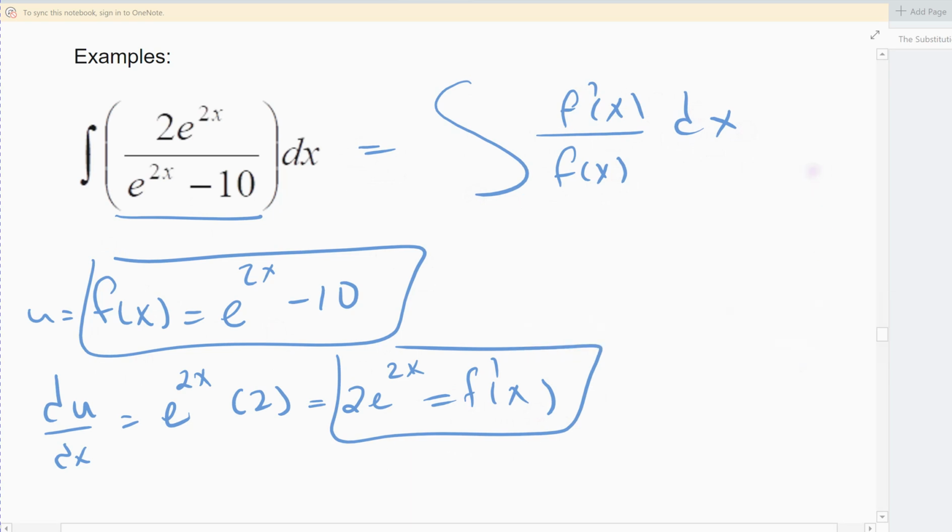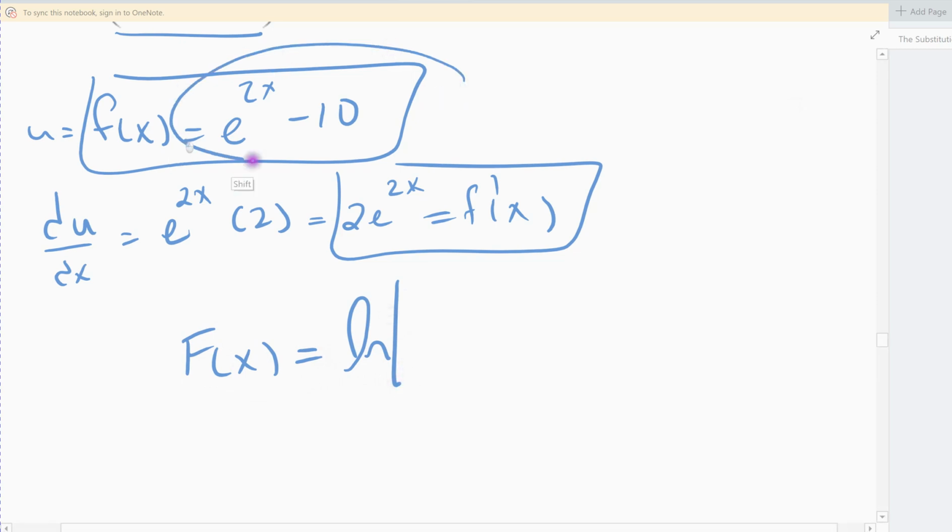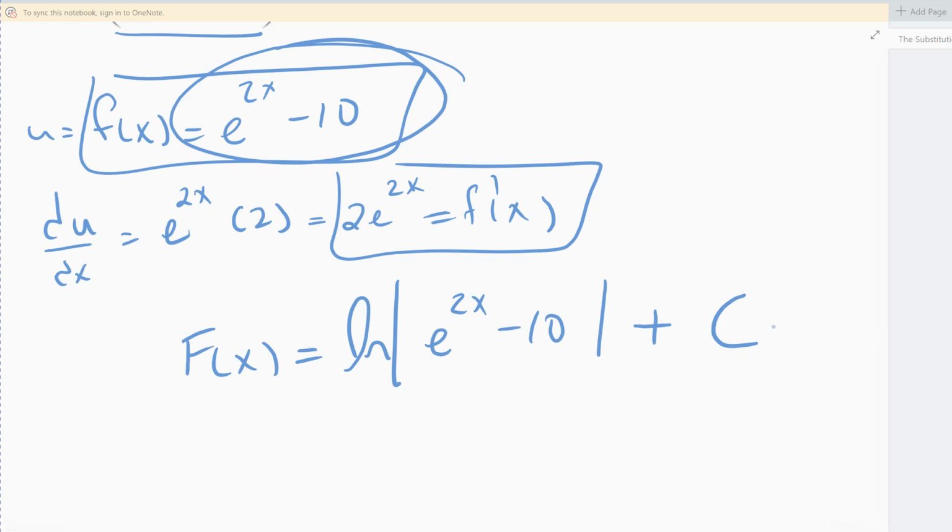Well then, if that's the case, the only possibility for my general antiderivative is to be the natural log of the absolute value of the denominator function, the bottom function, which is e to the 2x minus 10. And then don't forget, that's the family of them, so there has to be a constant tacked on there at the end. All right, so I'm going to stop there. I'm going to do the next examples of this special case in the next video.